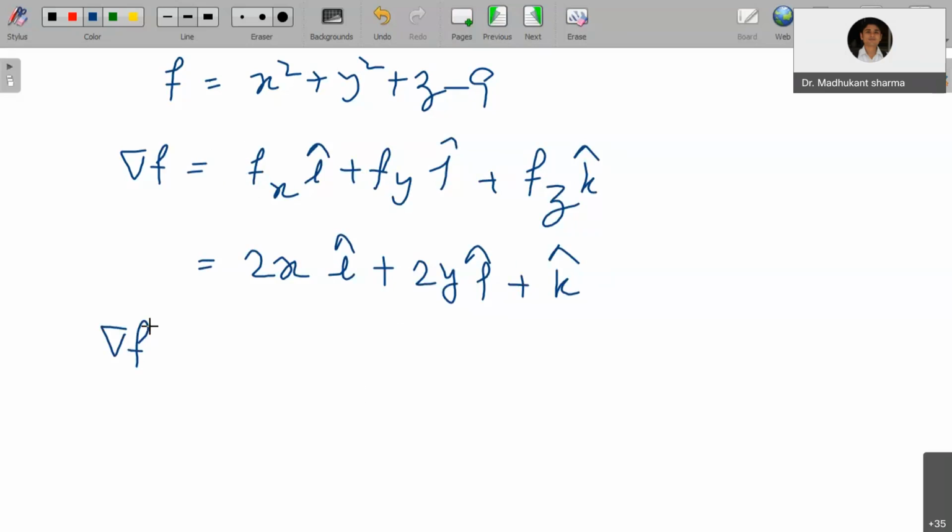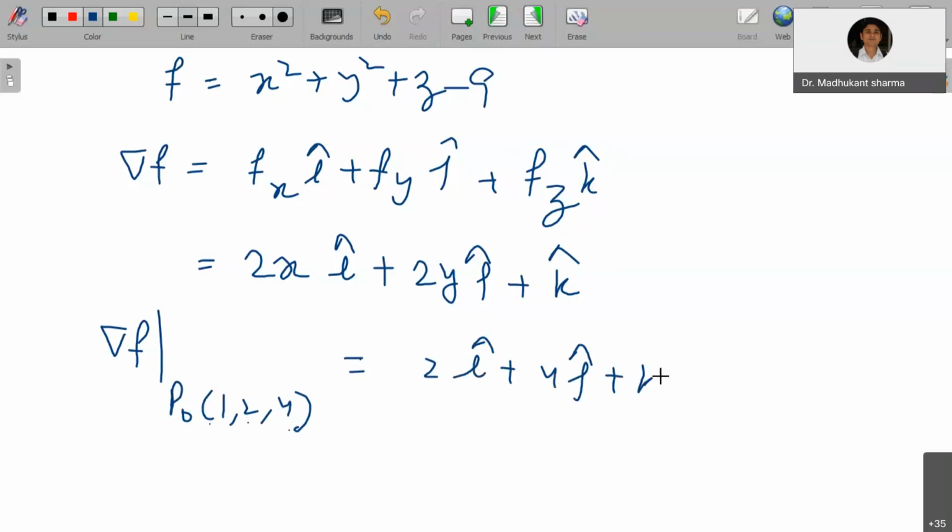Now grad f at P₀, where P₀ is (1, 2, 4), so x = 1, y = 2, z = 4. That gives 2i + 4j + k. That is going to be the normal to the surface, grad f.